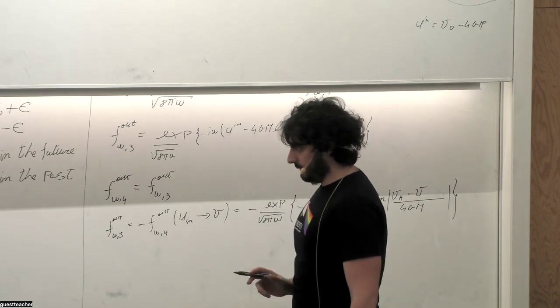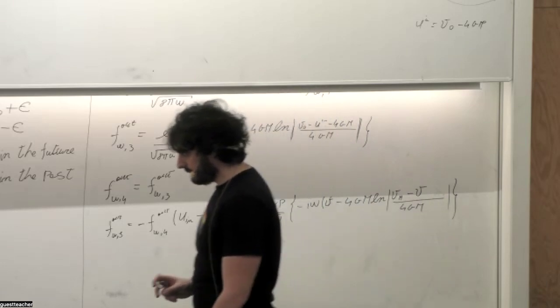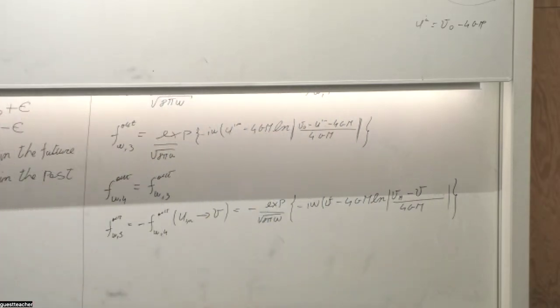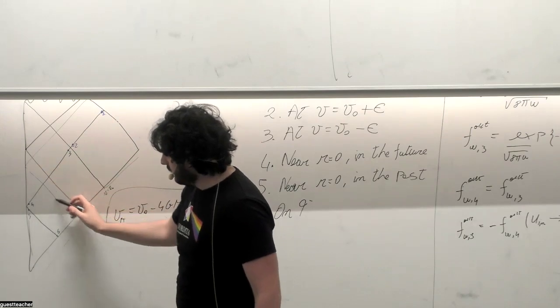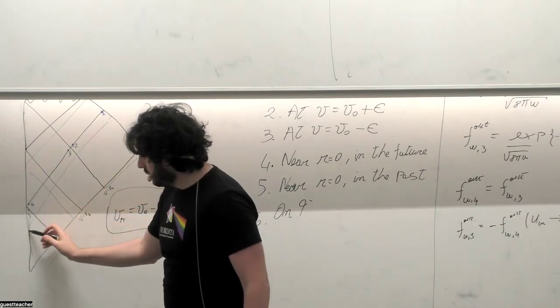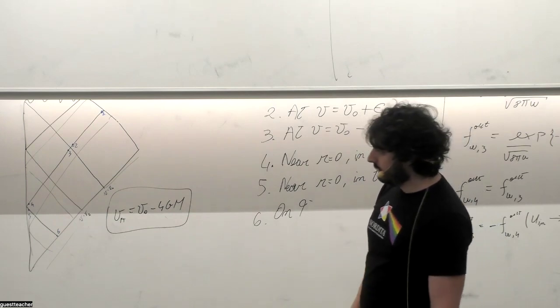Now we have to go to 6. This is again just free propagation, but let me note before writing the final result that all the modes that reach Scri plus, that I can trace back from Scri plus, are all with v smaller than v horizon, right?